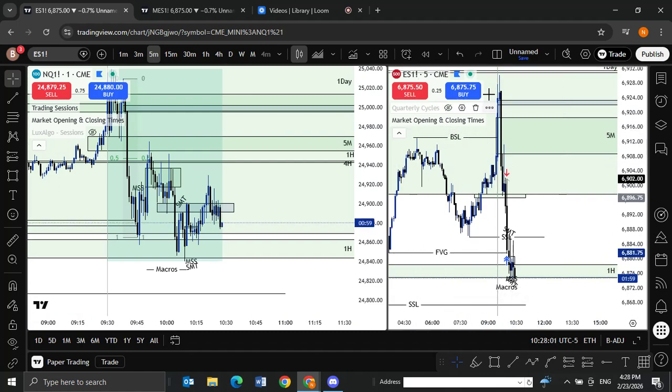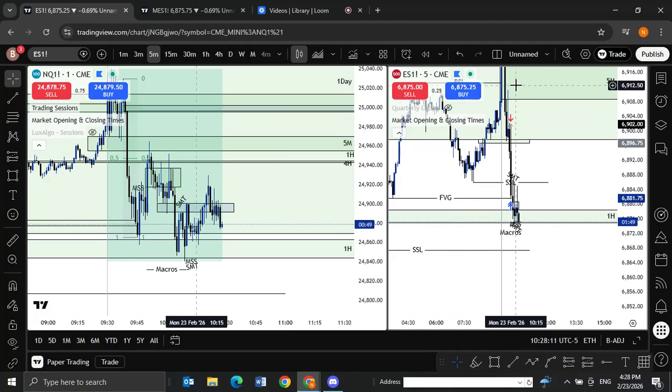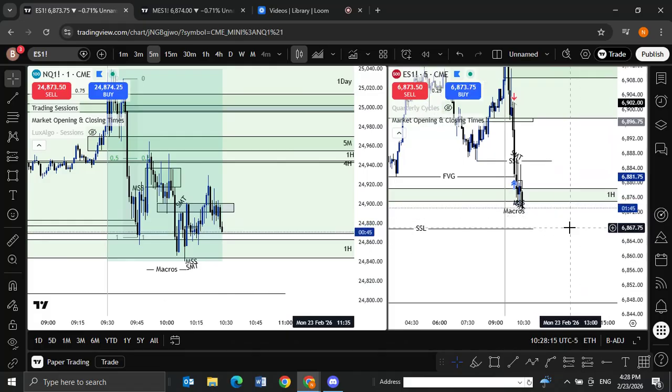It took the London high, stayed below the daily fair value gap, then inversed the 5 minutes, went to the lower, made the market structure shift, came into discount, went lower. Now we're in this. Okay, now actually, I think we might potentially find something now.